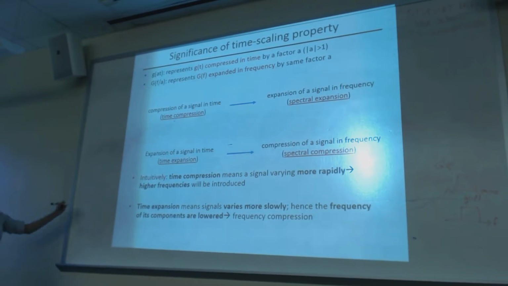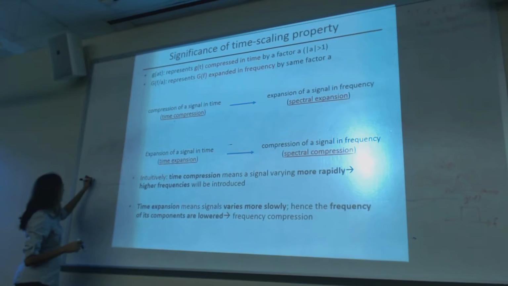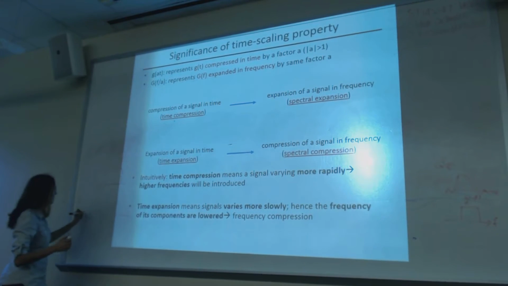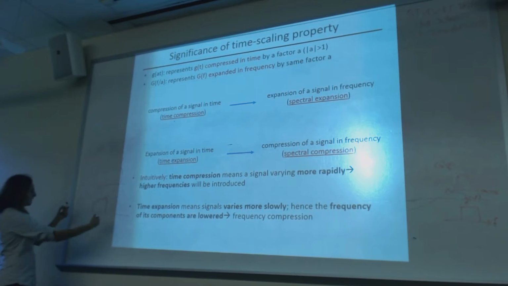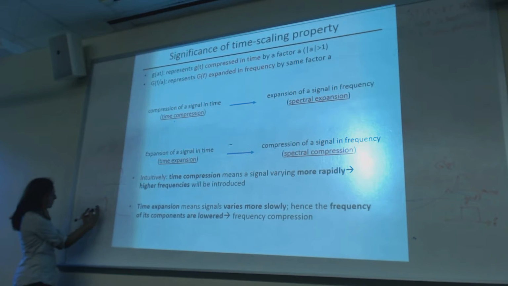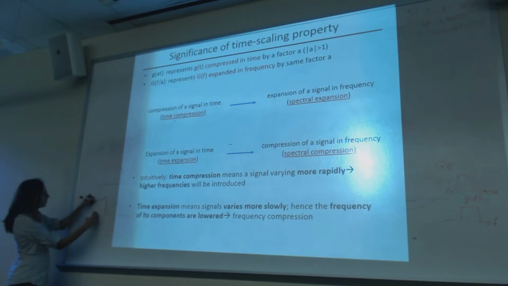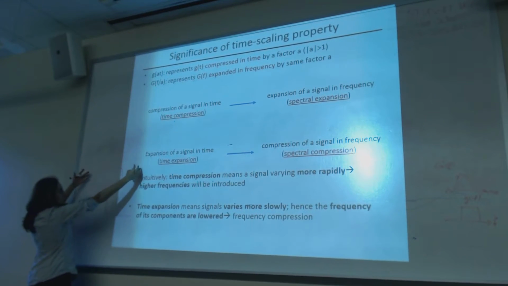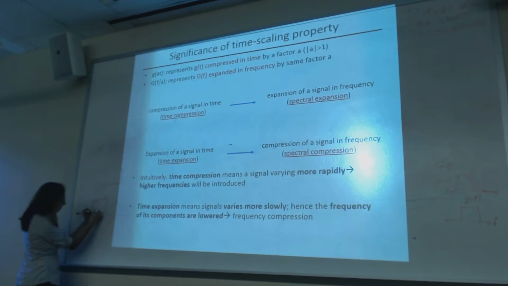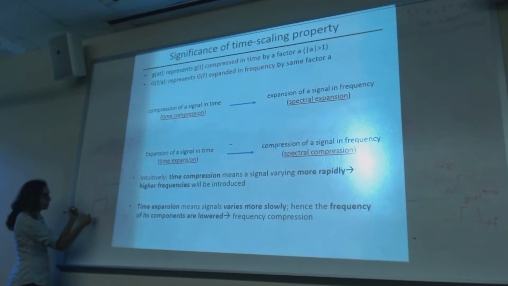And somehow it makes sense. When I compress a signal, see what happens. If I have everything in a shorter amount of time, I'm basically introducing more frequencies. Because this one is longer, and this one I'm just compressing in time, so I introduce more frequency.